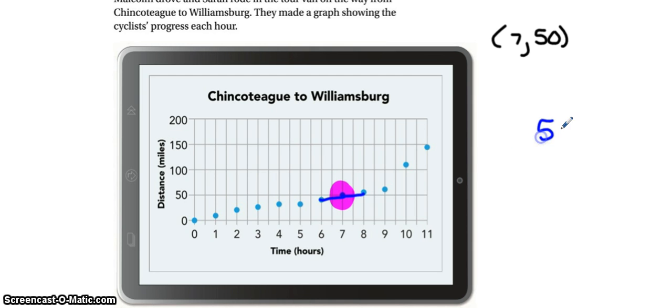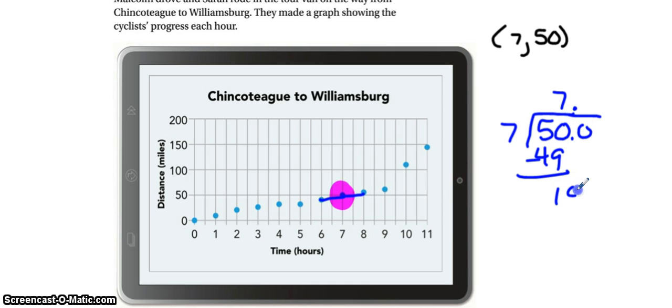We can also use this information to figure up their average speed so far. We can take their mileage, which was 50, and divide it by their time, which was 7, and again, we're going to divide this out. So 7 can go into 50 7 times. We get 1 left over. Add our decimal, bring up a 0, we get a 10.